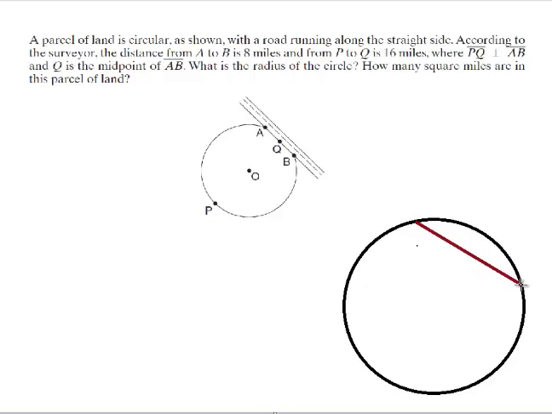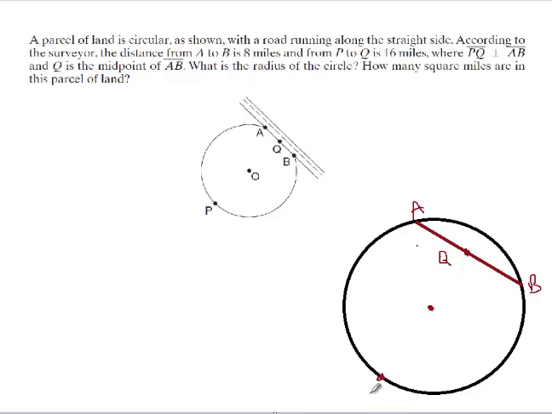We'll say this point is A, this point is B, Q is in the middle over here, O is in the middle of the circle, so we'll make an O somewhere down here, and P somewhere down here.